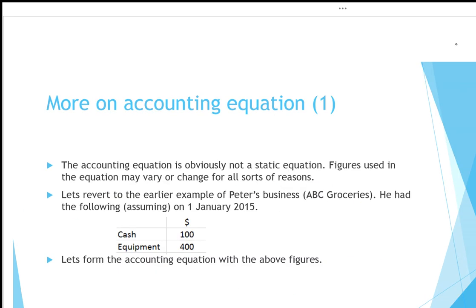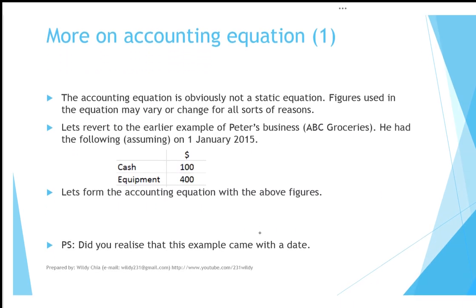So let's go on to more examples on the accounting equation. In this set of examples, we're going to prove that however the equation changes, it will always remain balanced. What do I mean by balanced? Balanced means that both sides of the accounting equation are equal.